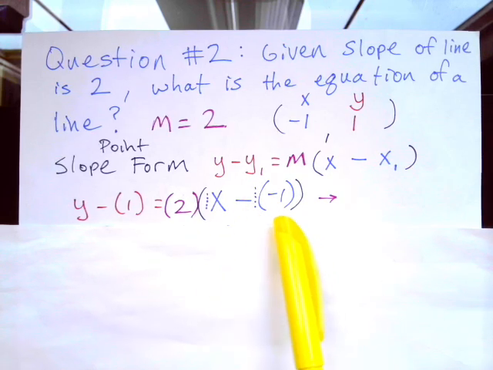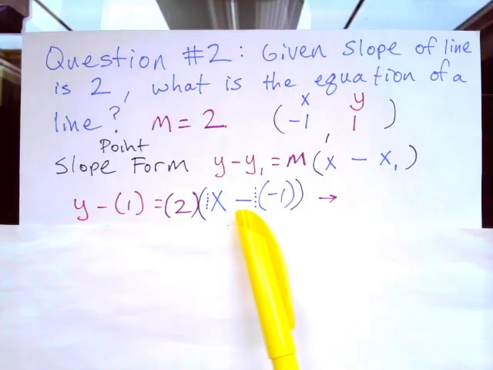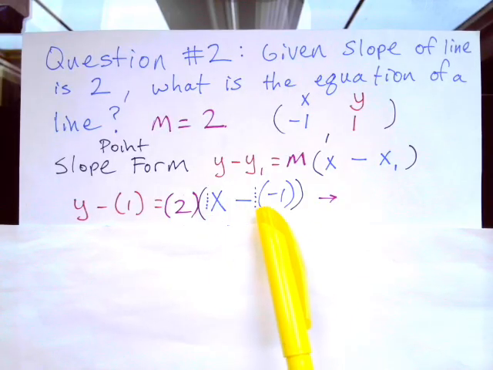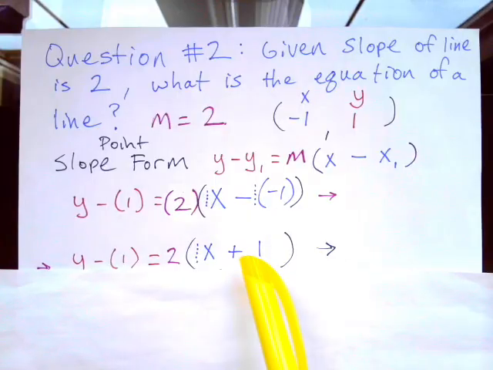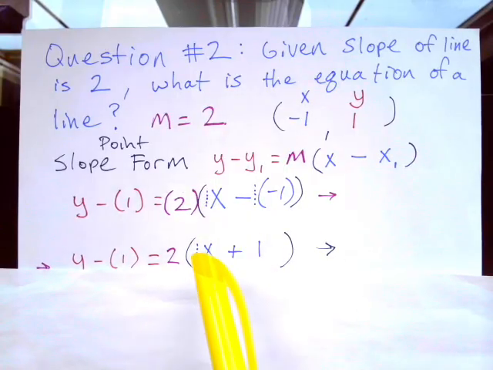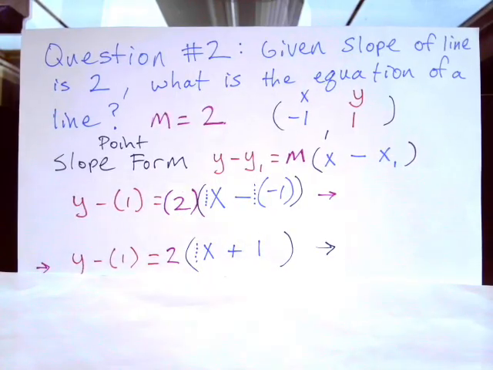But remember, order of operations says first do everything inside the parentheses first. So I'm going to simplify or distribute that -1 times a -1 first. Let me show that here. We end up with a +1. And then everything else I just rewrote below.